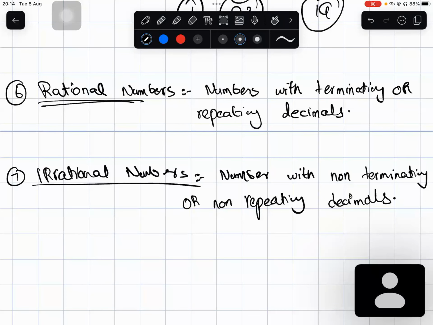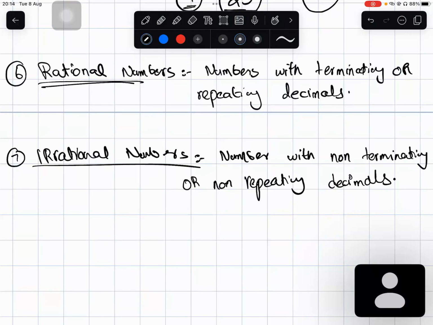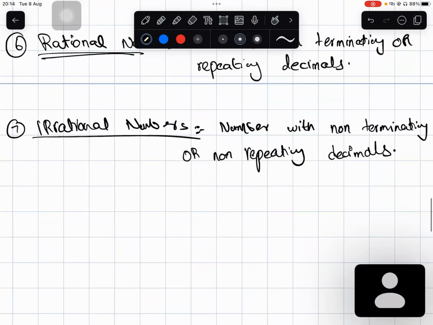Now let's look at a few examples. For example, the number 6 itself. If you see this number, there are no decimals, right? Or if you were to put a decimal, you write it as 6.0. But that's it. It's not repeating.